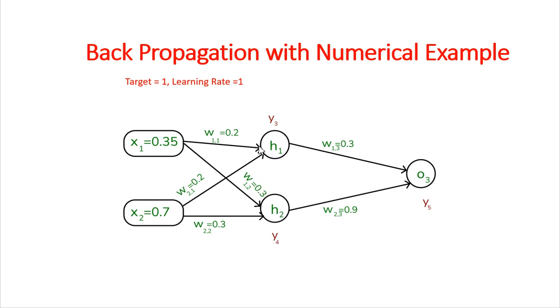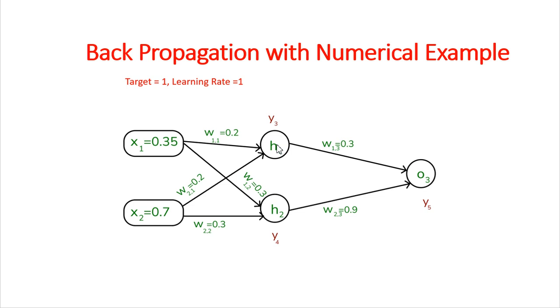After calculating the output here, we need to apply the activation function. In the case of back propagation, we use the bipolar activation function, and we need to get the final output.